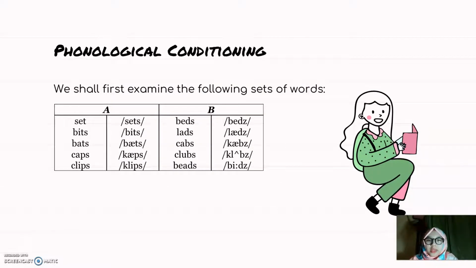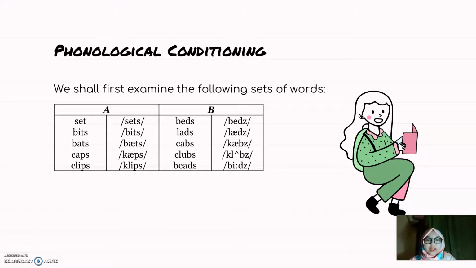Allomorphs of a morpheme may change their phonemic shape due to two types of conditioning: phonological and morphological conditioning. We shall first examine the following set of words: sets, beats, bats, caps, clips, beds, leads, cabs, cubs, deeds. The pluralizing suffix in set A appears as s, while in set B it appears as z.